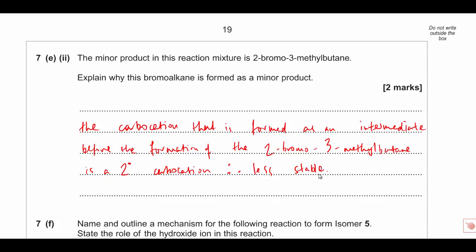The stability has to do with what's called the positive inductive effect, each alkyl group pushing electrons on, causing a nice even spread of electrons, which gives us higher stability.